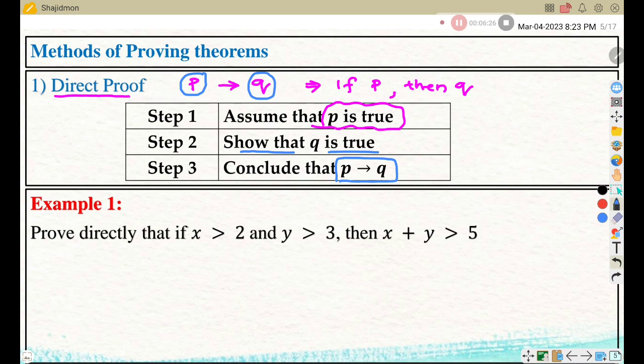This is what we are calling the direct method. Directly we are proving. That means we have a condition P implies Q, then first assume P is true, then prove that Q is also true. Like that, the proof method we are calling the direct proof method.